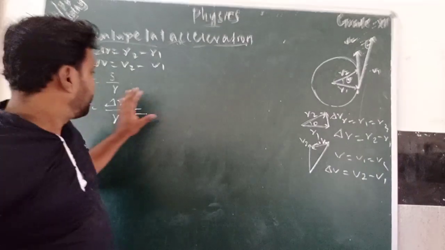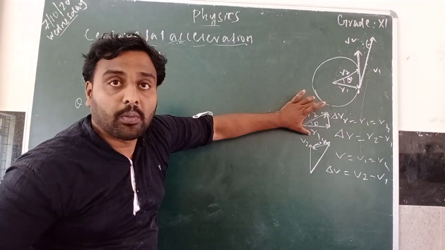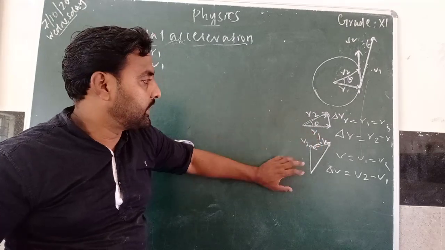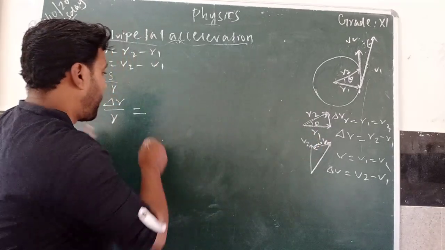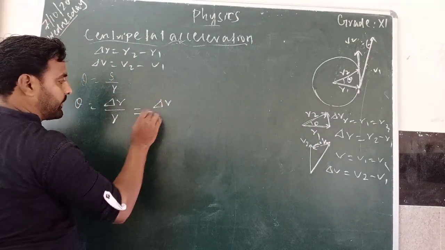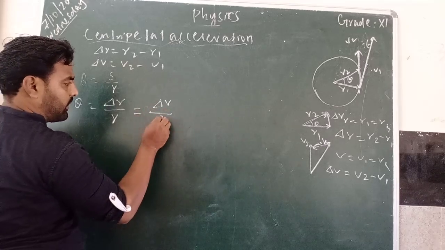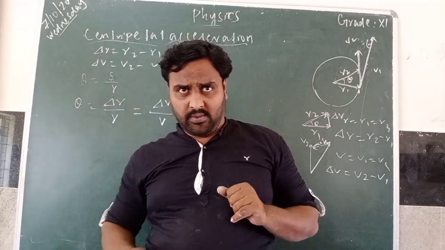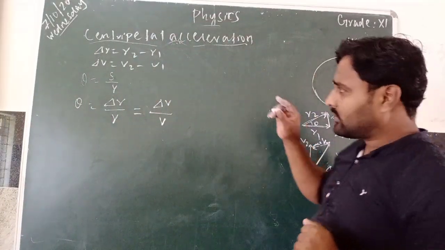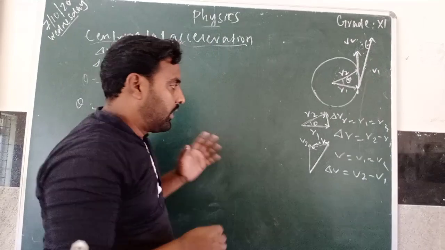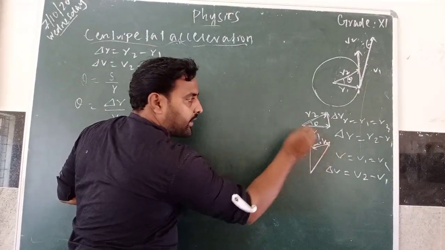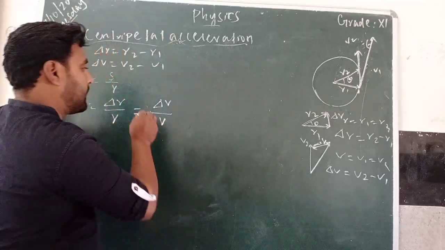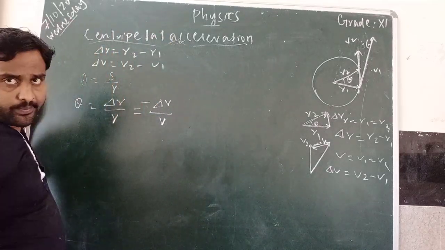Now this is the equation for this geometrical representation. Now for this geometrical representation, here displacement is delta V, so delta V by V. Now you see, here the velocity is indicating the opposite direction, so you have to use a minus here.